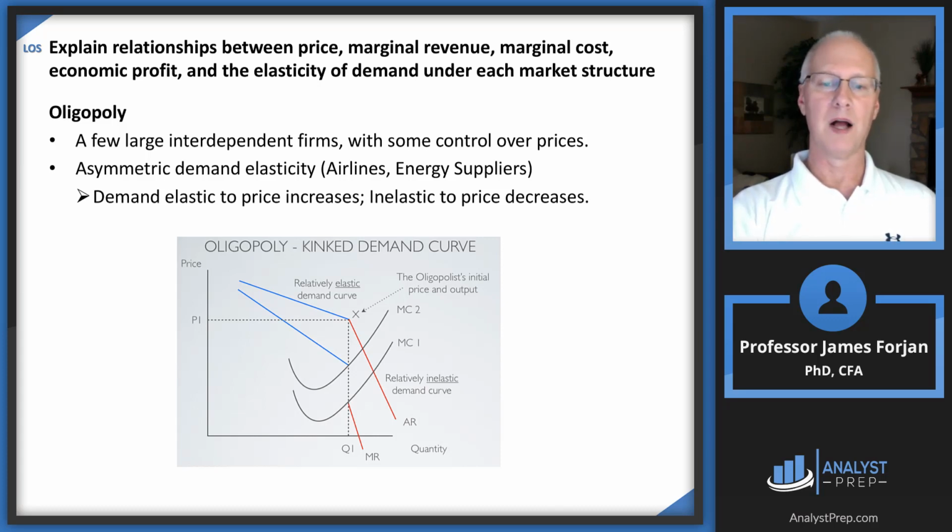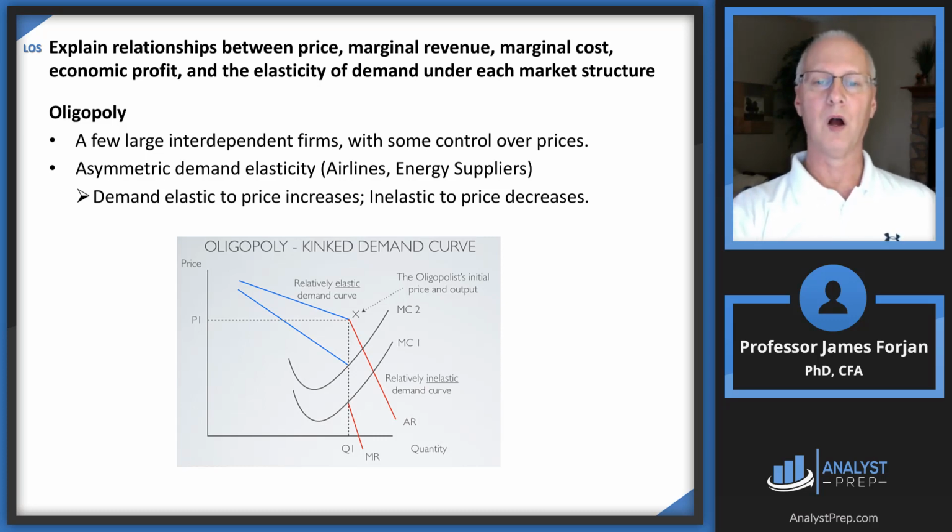And so the oligopolist, of course, is going to produce where marginal costs equal marginal revenues. And what happens is that because there's a kink in the demand curve, the marginal revenue curve is going to be separated at that same Q1.